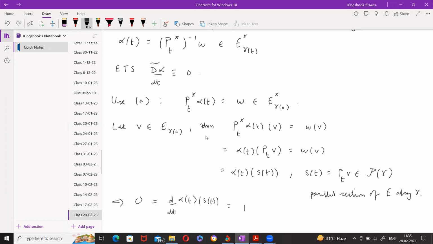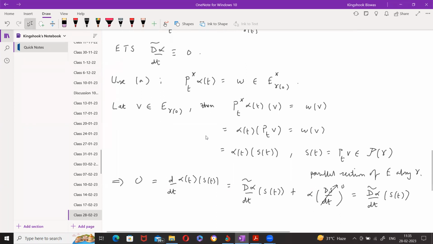And this is equal to d tilde alpha/dt applied to S(t), plus alpha applied to dS/dt, but S is parallel. So the second term, this dS/dt, is 0. So this gives me just d tilde alpha/dt applied to S(t). Right? So this is 0.